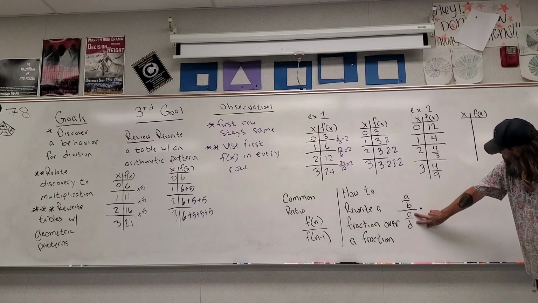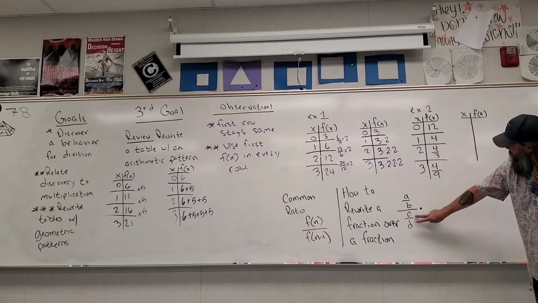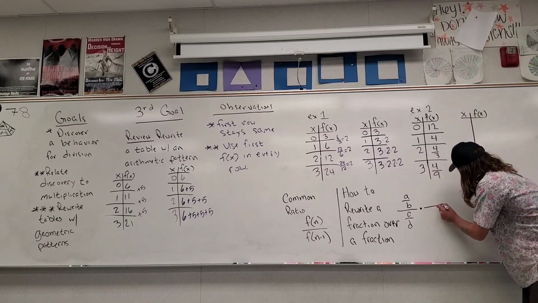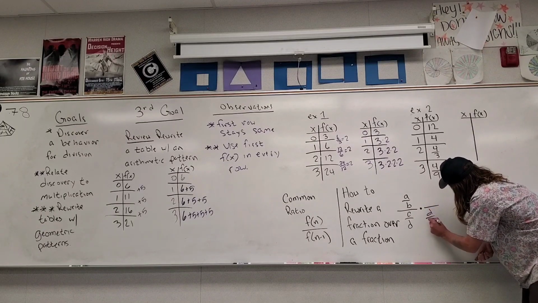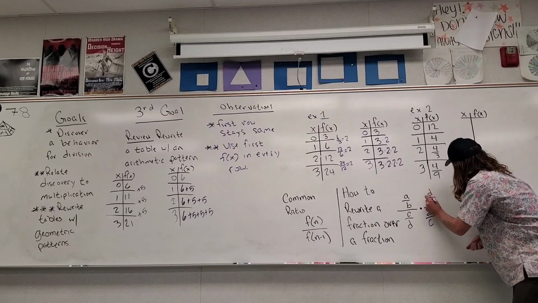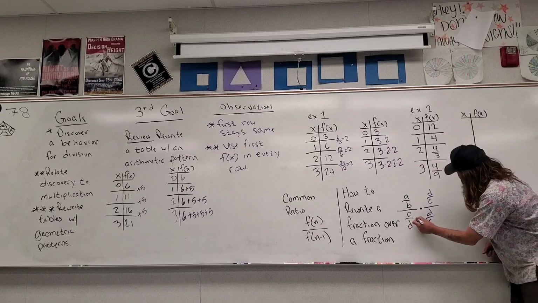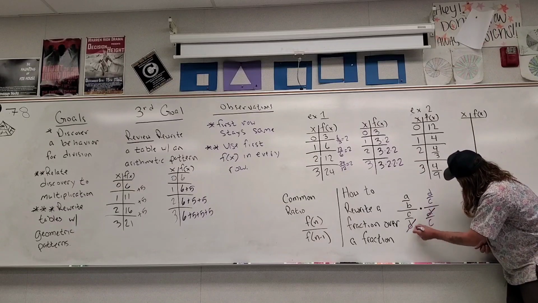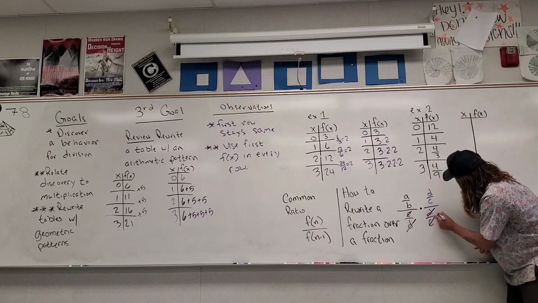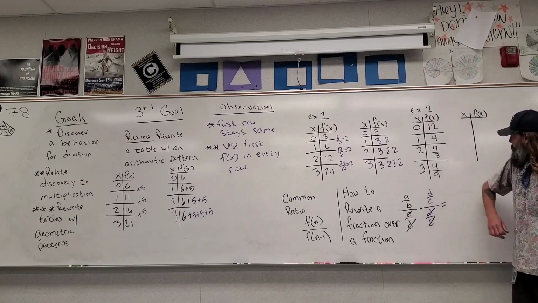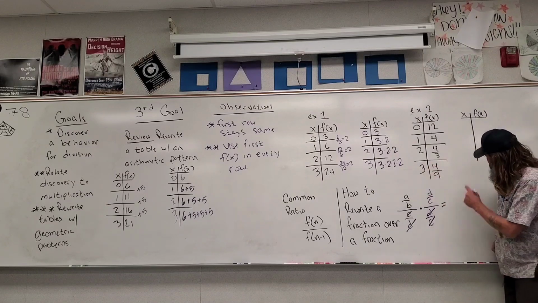So what I'm going to do is I'm going to take this fraction and I'm going to flip it and I'm going to write it over itself. And what ends up happening is this value cancels with that value, this value cancels with that value, and remember from a previous lesson that we multiply straight across.